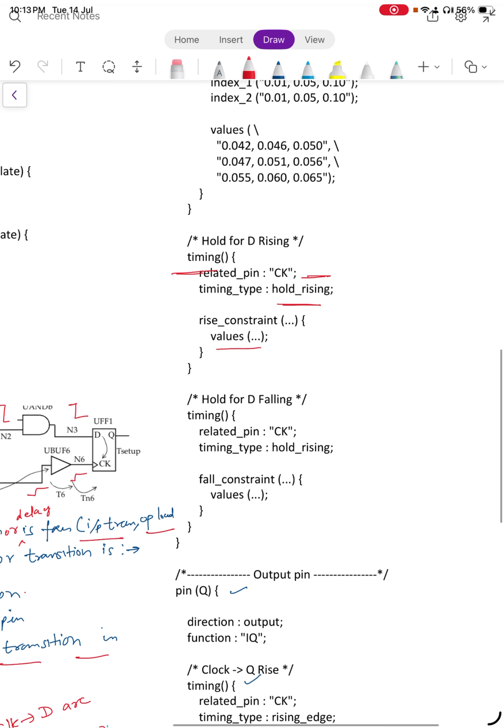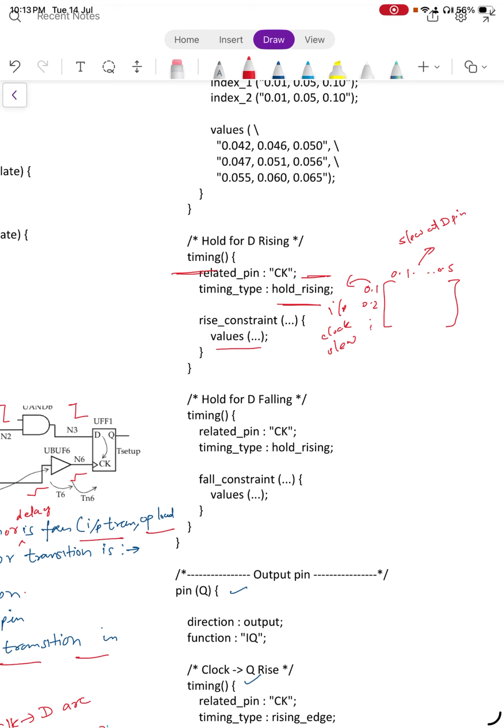It will depend upon values like 0.1, 0.2 and so on. This axis is the input clock slew, and this is the slew at the D pin.